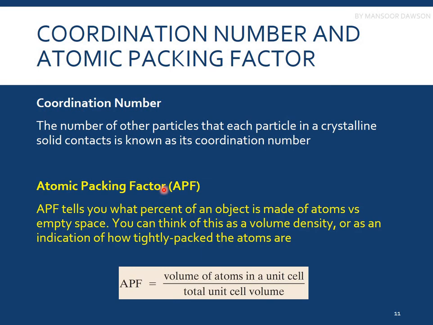Before studying more characteristics of FCC and BCC, let's give a thought to the coordination number and atomic packing factor. So what is coordination number? The number of other particles that each particle in a crystalline solid contacts is known as its coordination number. What does it mean?